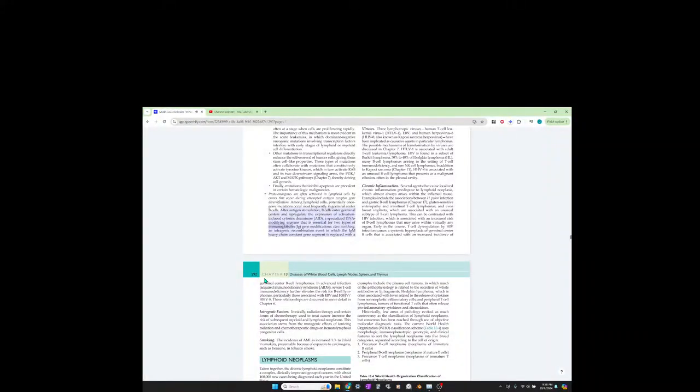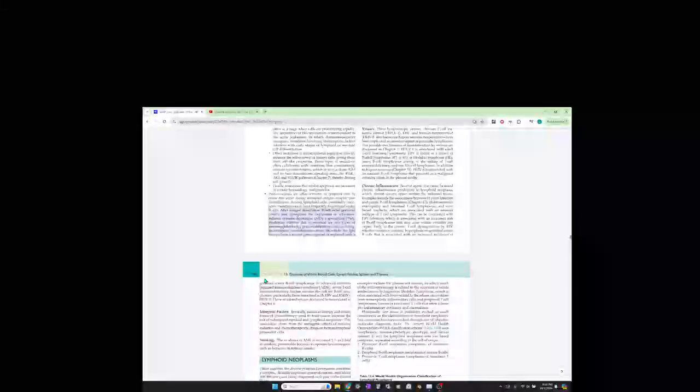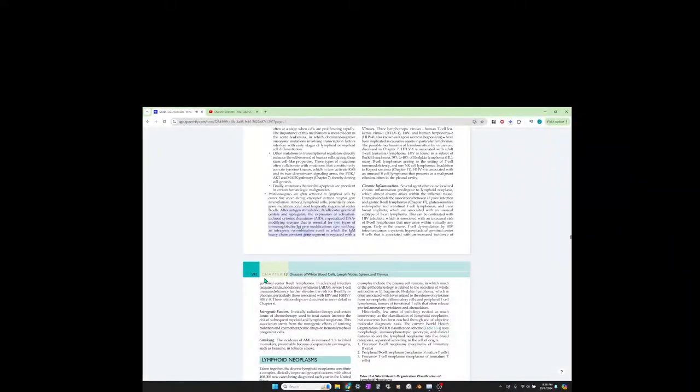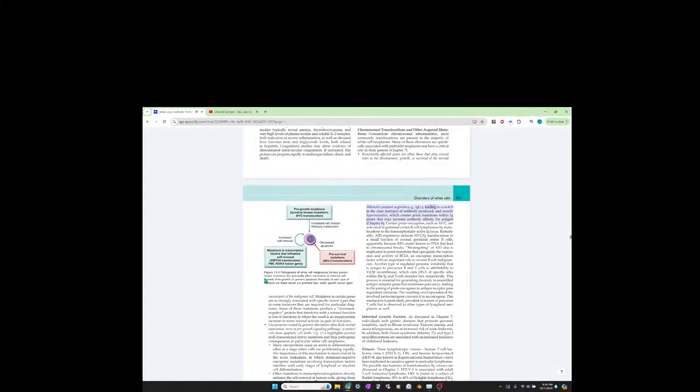After antigen stimulation, B cells enter germinal centers and upregulate the expression of activation-induced cytosine deaminase, a specialized DNA-modifying enzyme that is essential for 2 types of immunoglobulin gene modifications: class switching, an intragenic recombination event in which the IgM heavy chain constant gene segment is replaced with a different constant segment, leading to a switch in the class of antibody produced, and somatic hypermutation, which creates point mutations within Ig genes that may increase antibody affinity for antigen.